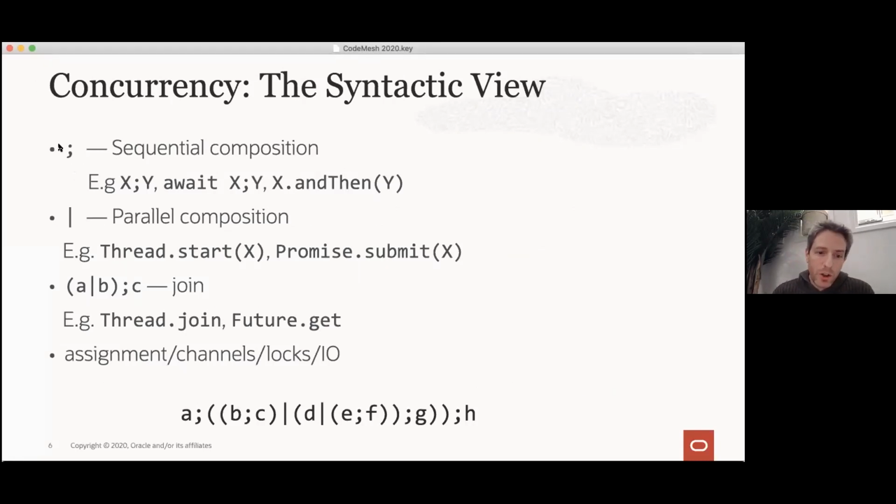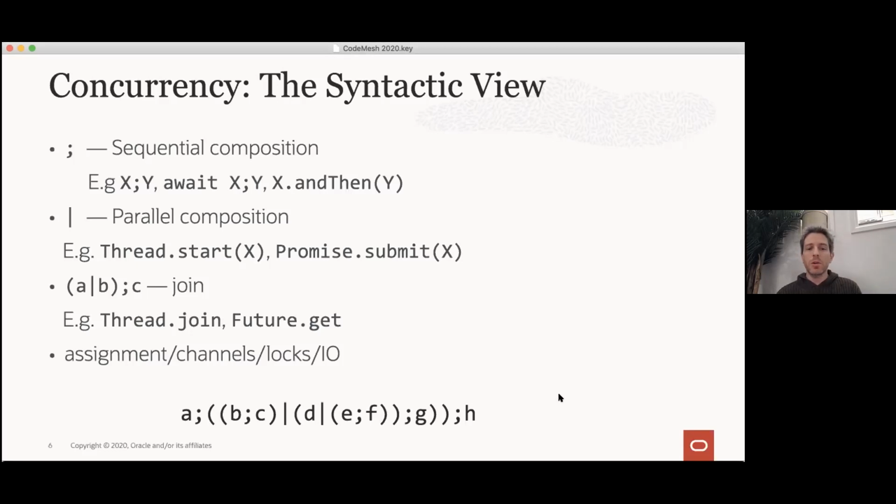So we have a sequential composition operator that in our chosen language's concrete syntax can take multiple forms, like this or that, etc. For parallel composition, we can support a join operation, rather, it's not a distinct operator, that sequences something after a parallel composition, as well as some primitive operations such as assignment to variables, I/O, and some means to share data and coordinate work like channels and locks.